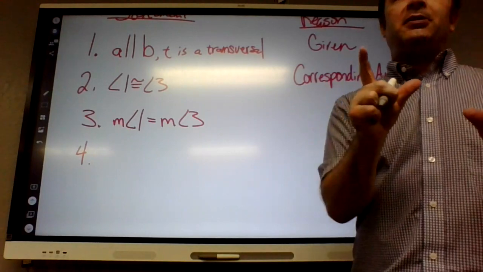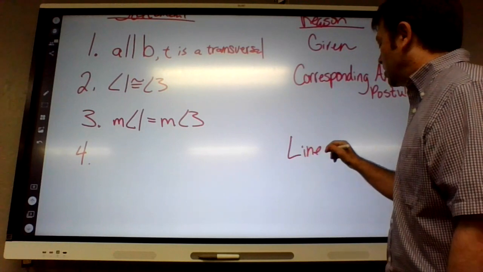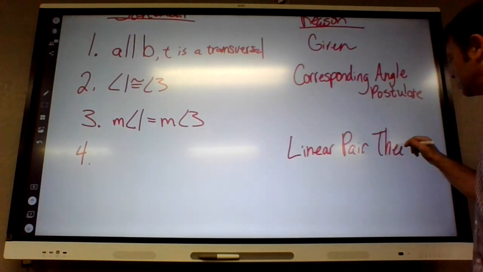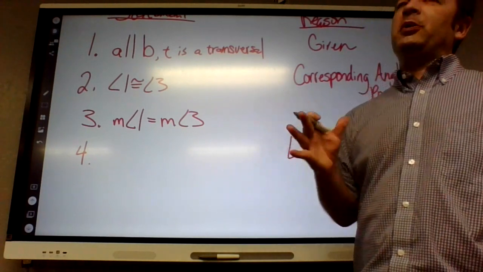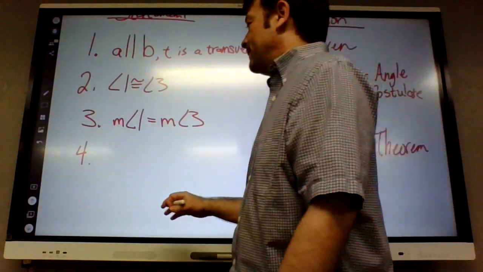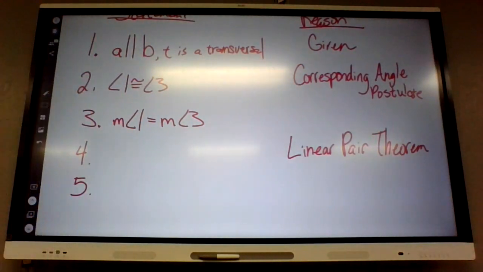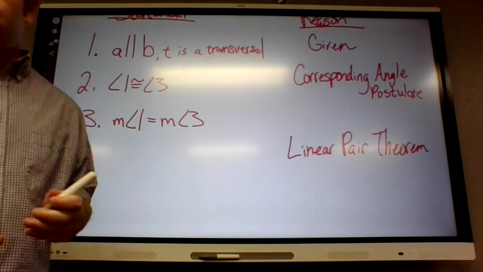Because if they make a line together, they're always supplementary, right? That's called the linear pair theorem. Or if you don't remember whether it's a theorem, just say linear pairs are supplementary. That would work too. Actually, that's what they wrote. The book wrote linear pairs are supplementary. They did not put the linear pair theorem.